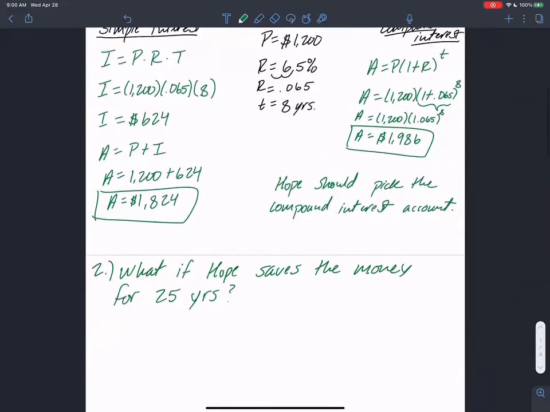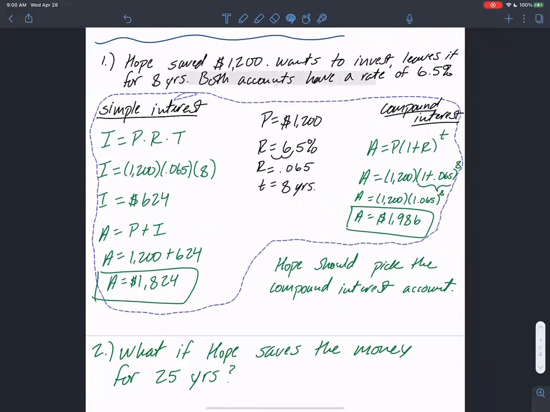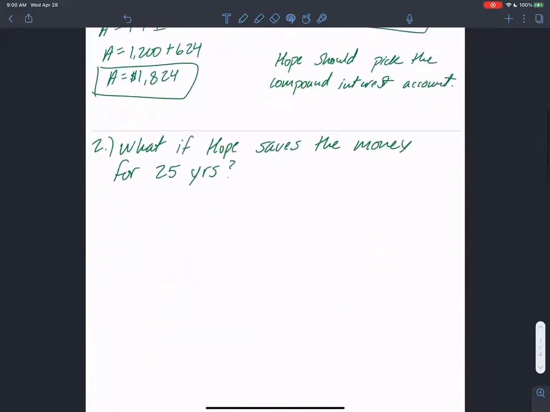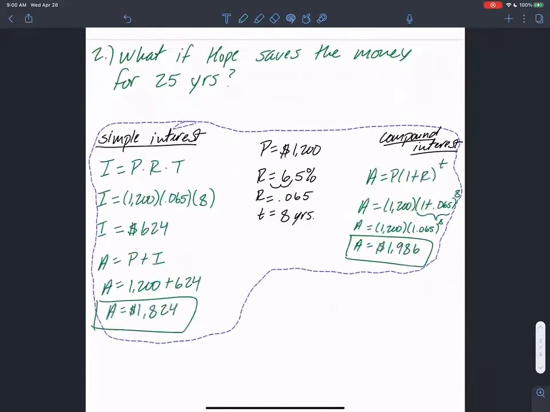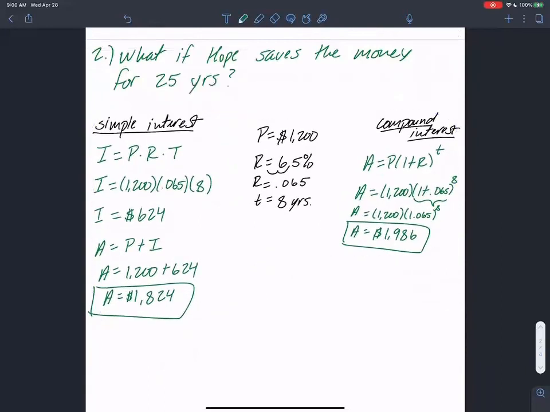So what you would do there is literally you would copy everything. I know you guys can't do that. That's kind of cheating, but. And you would replace everything where there is a T, you would replace it with 25.